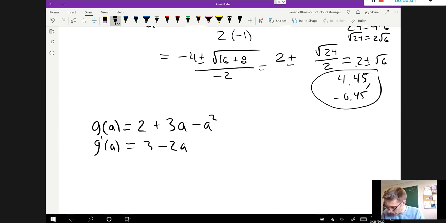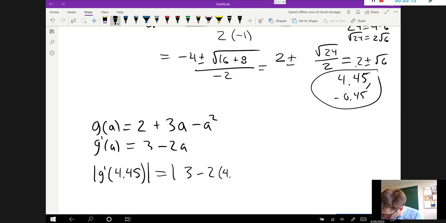And so we'll take those fixed points one by one. g'(4.45) is equal to 3 minus 2 times 4.45, which would be 3 minus 8.9, which would be negative 5.9, absolute value 5.9.